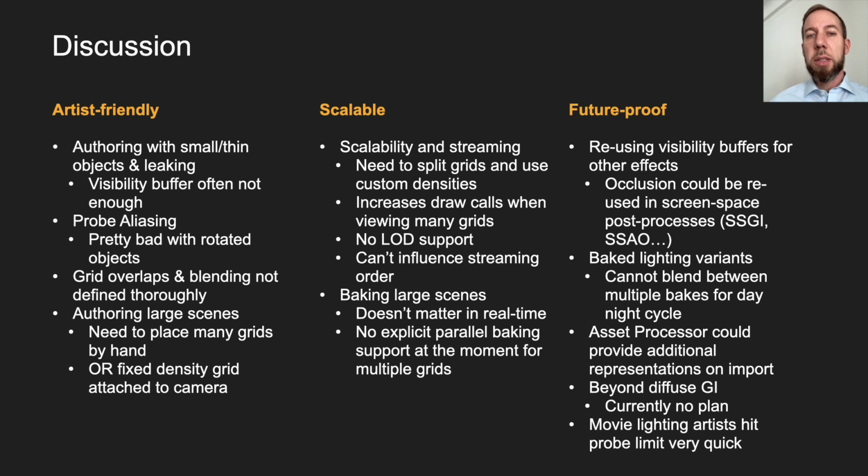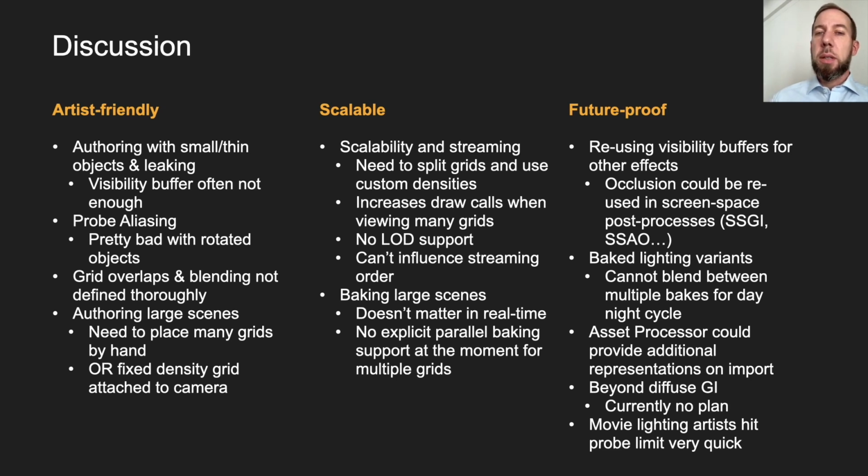So I want to come back to the three categories that I've mentioned earlier and ask, is the current implementation artist-friendly, scalable, and future-proof? Right now, authoring seems a bit painful, to be honest. The usually quite low resolution of the probes is needed to avoid high sampling costs and waste probes at the same time.